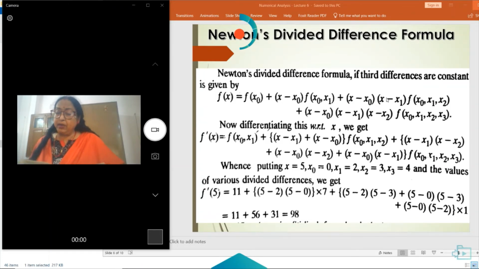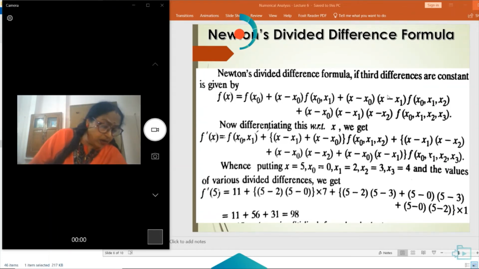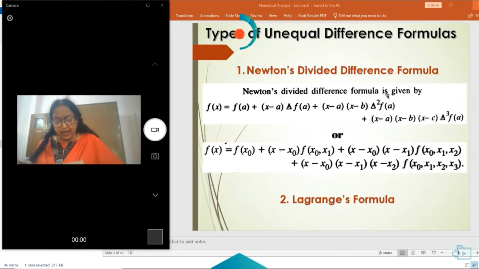Okay, so this formula can also be written this way: f(x) is equal to f(a) plus (x minus a) delta f(a) plus (x minus a)(x minus b) delta square f(a), and so on.